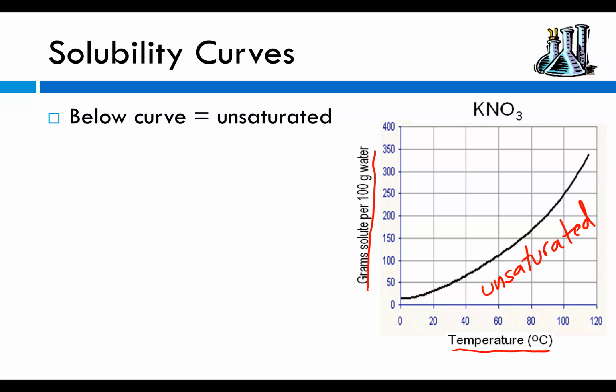So let's say I've dissolved 100 grams of potassium nitrate in 100 grams of water at 80 degrees Celsius. Well, it's below the curve, so this would be an unsaturated solution. I could still add more potassium nitrate to that 100 grams of water before it is full, if you will, of solute. Once I reach the curve, you're looking at a saturated solution.